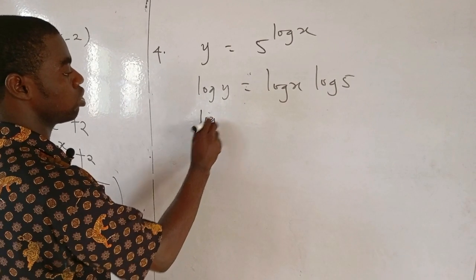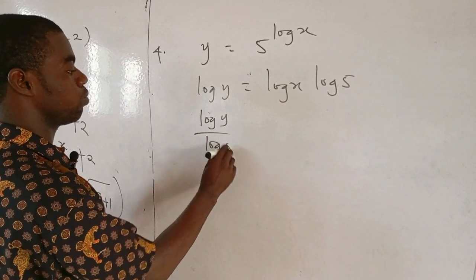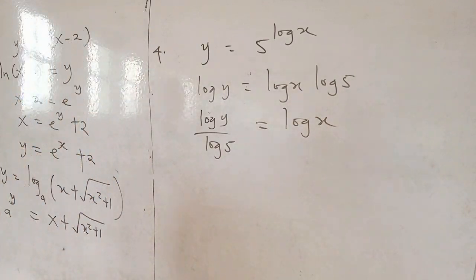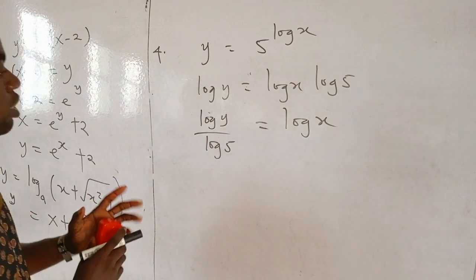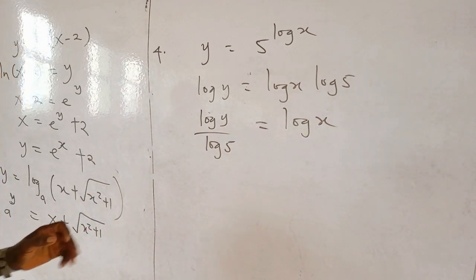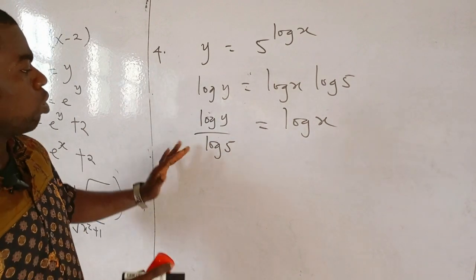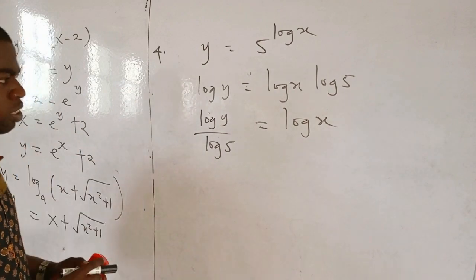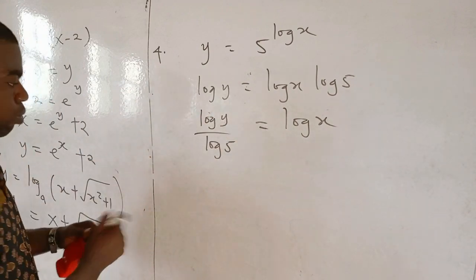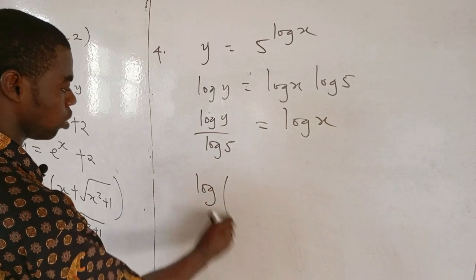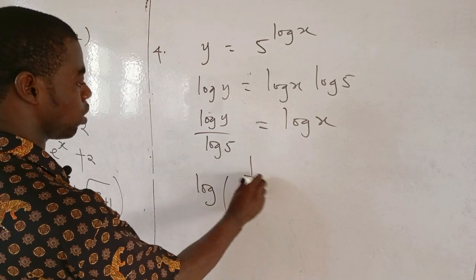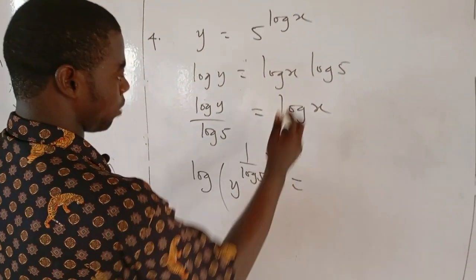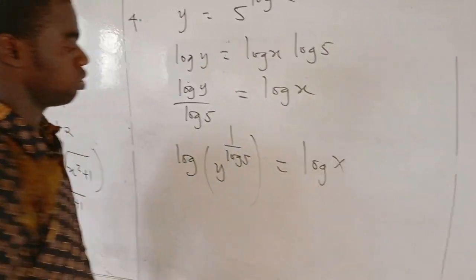This becomes log y divided by log 5 is equal to log x. And at this point we want to do something very technical. Log y all over log 5. I want to transform it to something very beautiful. This will actually give us log of y raised to the power of 1 all over log 5. So it is definitely equal to log x, right?